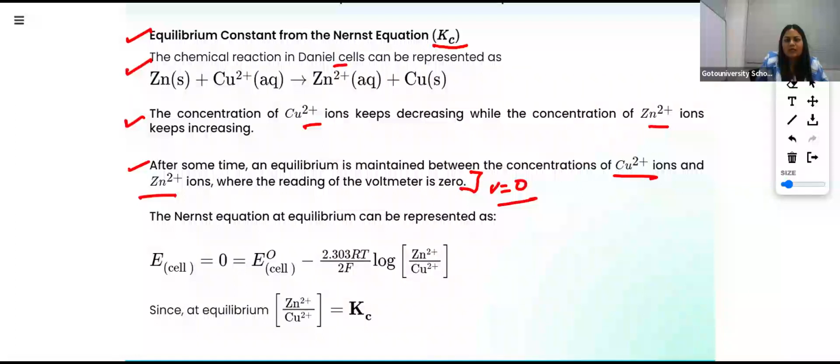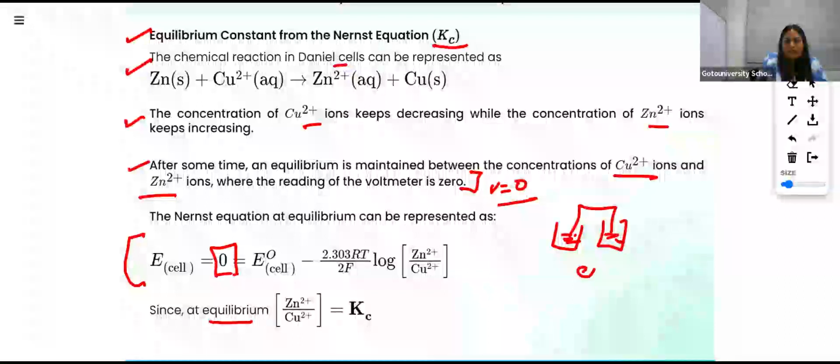That means the reaction between these two has achieved equilibrium, so E cell becomes zero. That is why a constant developed there, known as Kc.